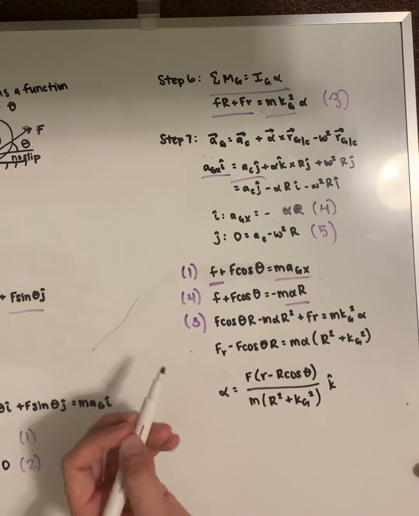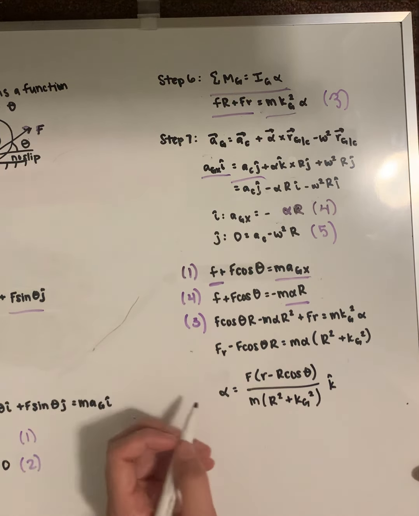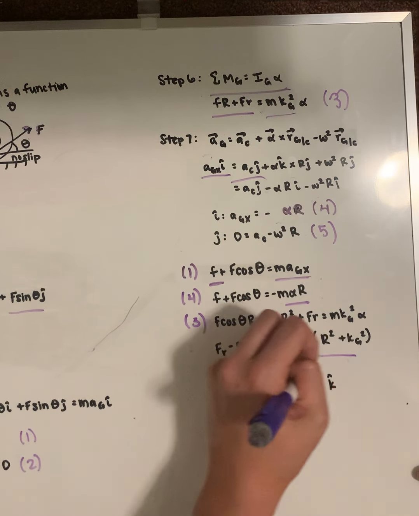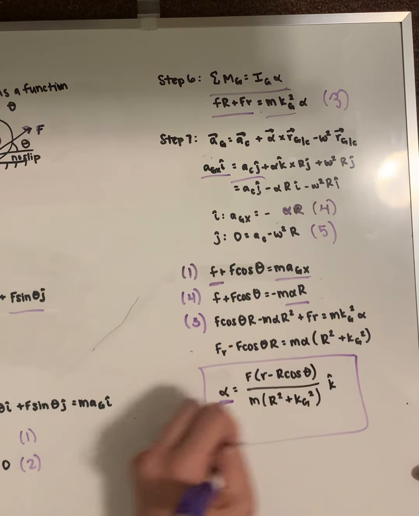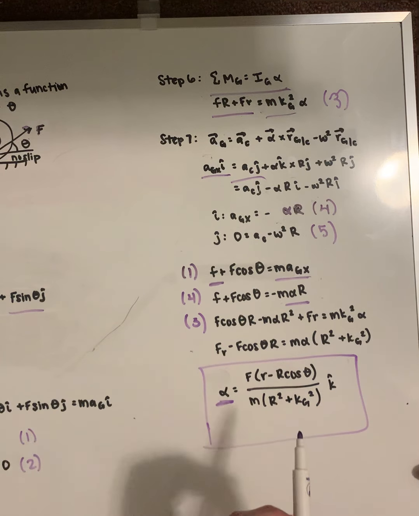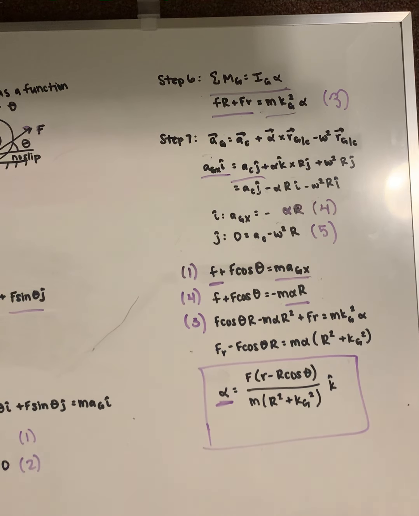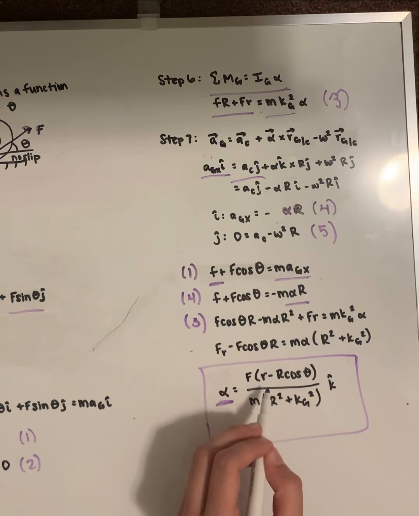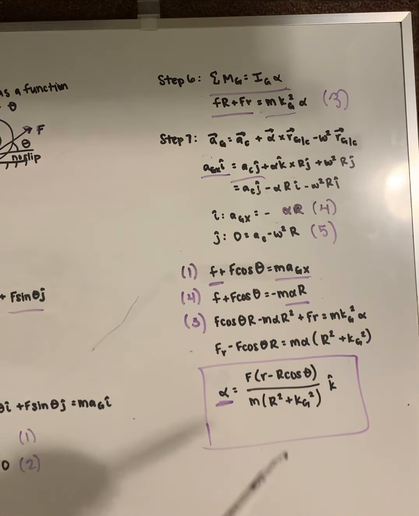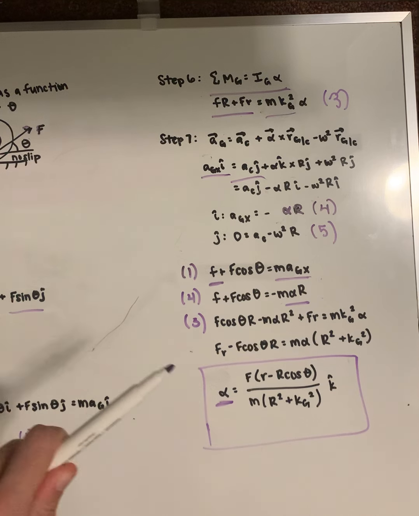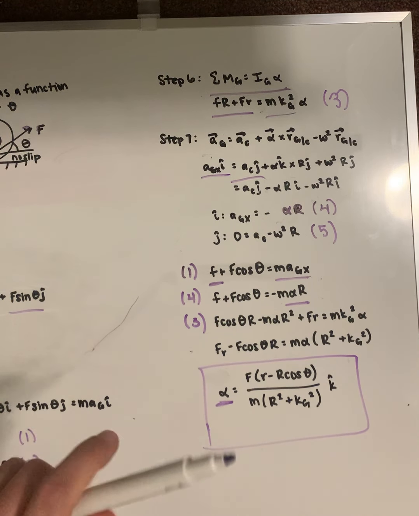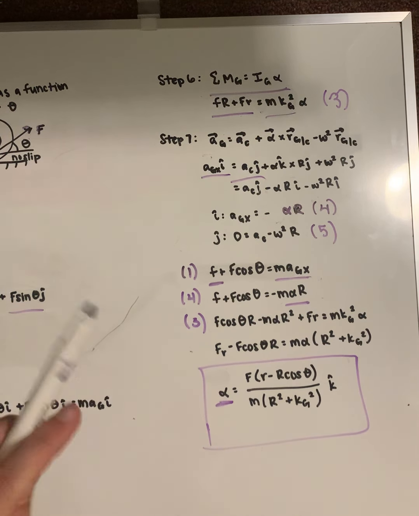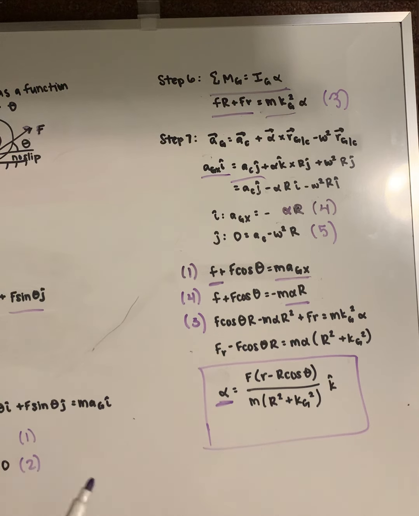Then after that, you just solve for angular acceleration here, and the final answer symbolically of this problem is the force times little r minus big R cosine theta over m times big R squared plus the radius of gyration squared, and that is in the k direction.